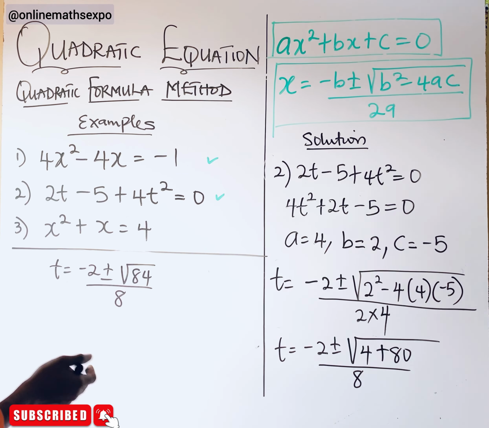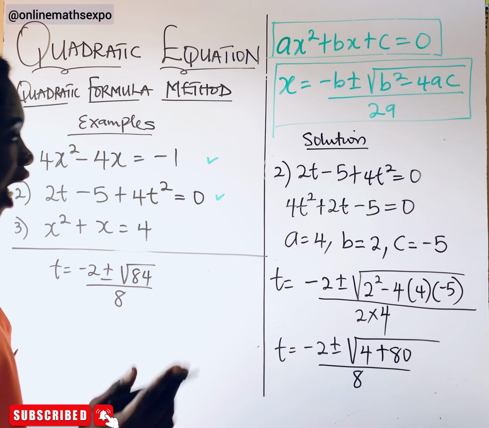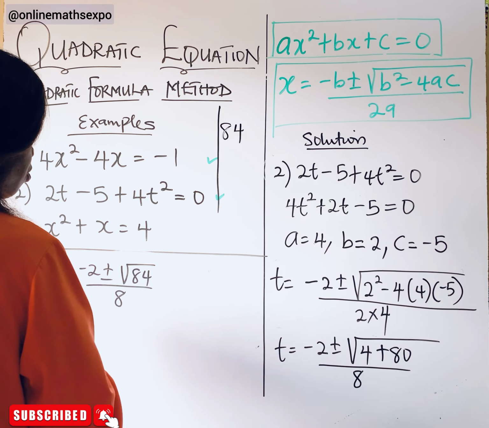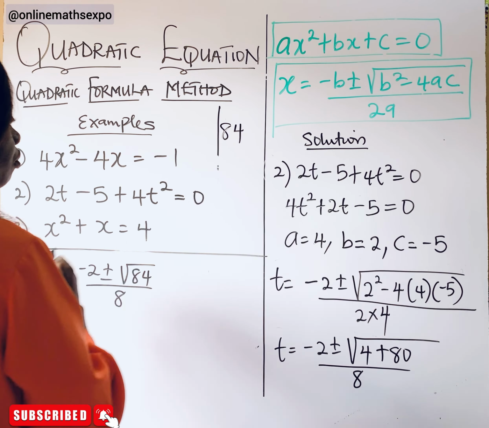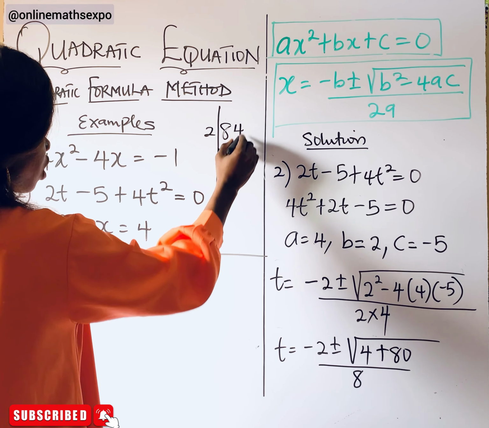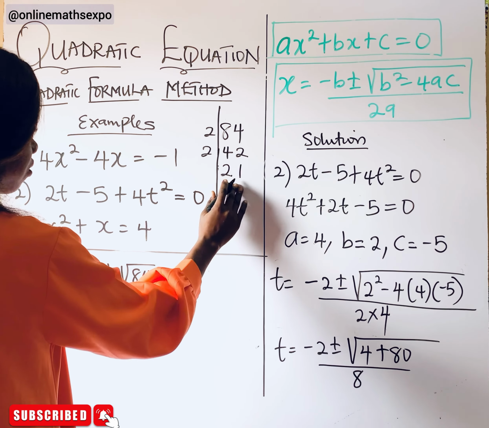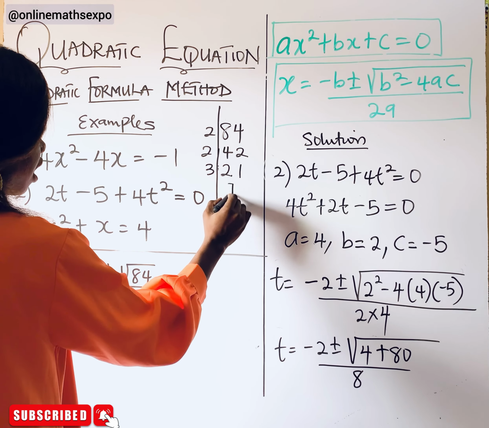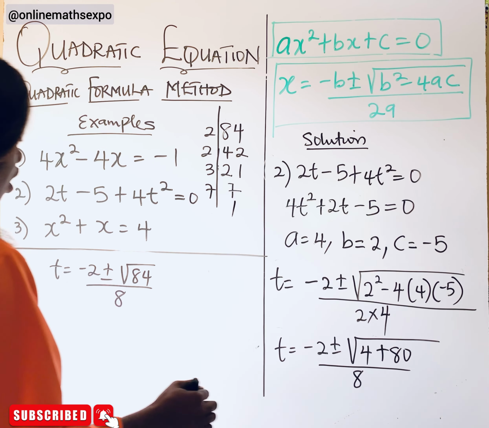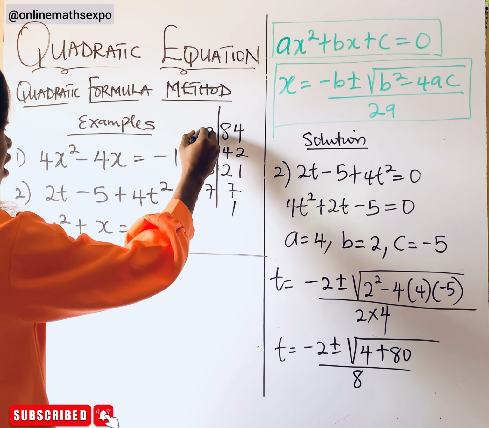What you are going to do is bring out the perfect square in 84. How do you do that? Let me show you. This is 84. Because it's even, 2 can divide it. 2 in 8 is 4, 2 in 4 is 2, so we get 42. 2 in 42 is 21. What can divide 21? 3. 3 into 21 is 7. And 7 in itself is 1. Since it's a square root, you're going to collect in 2s.